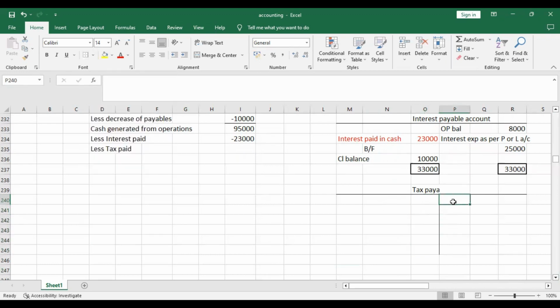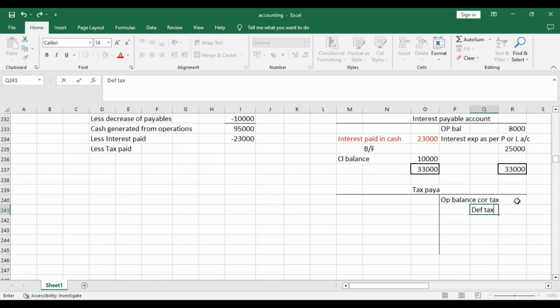In case deferred tax is also there, once again I'm telling you, you have to take corporate tax as well as deferred tax, both together, as the opening balance. But in this example, you do not have deferred tax.